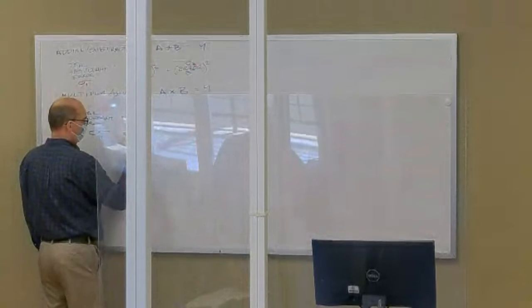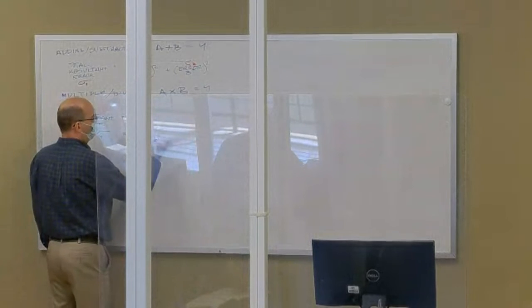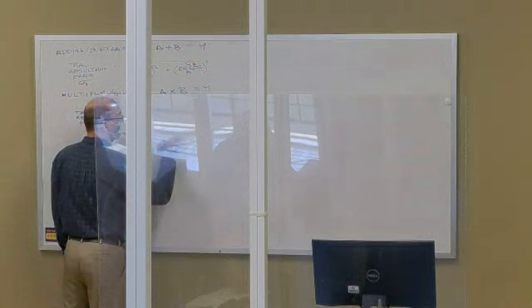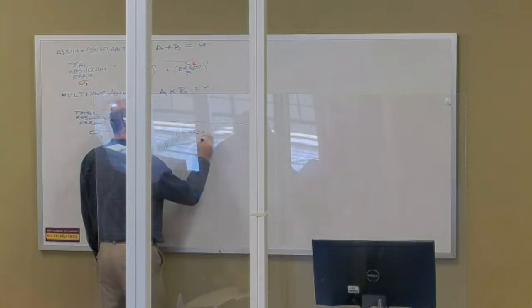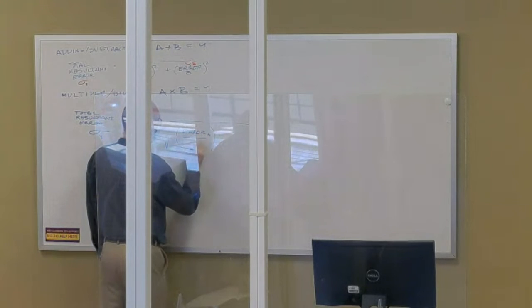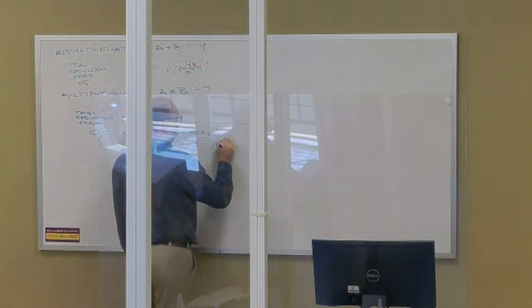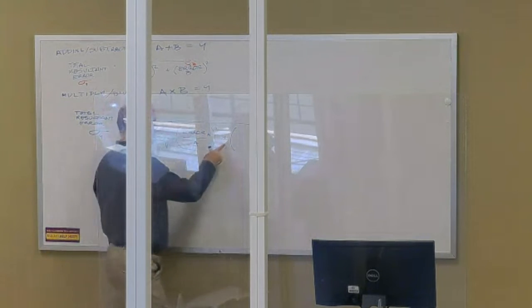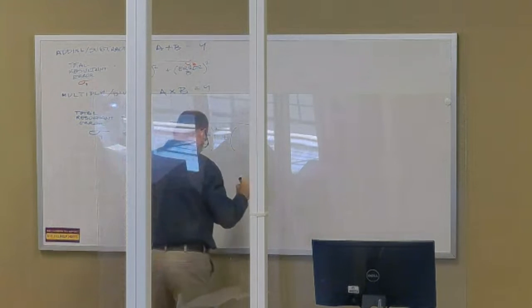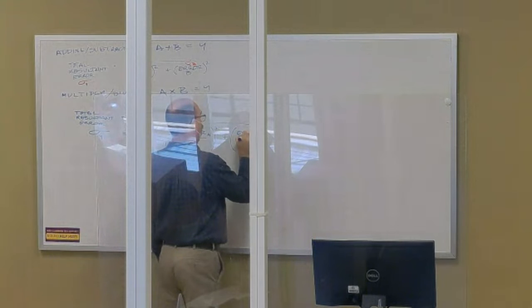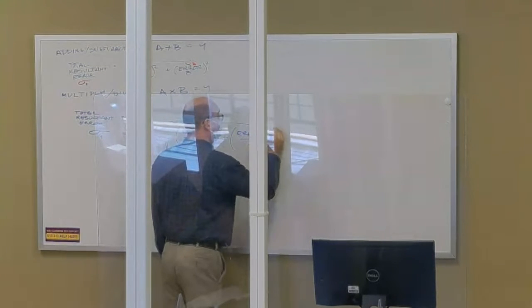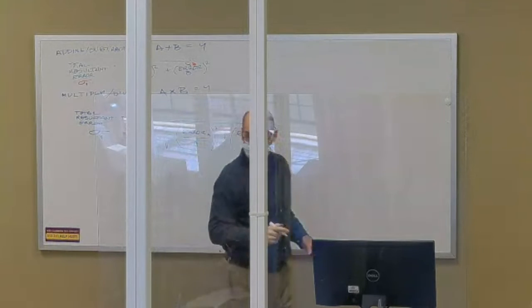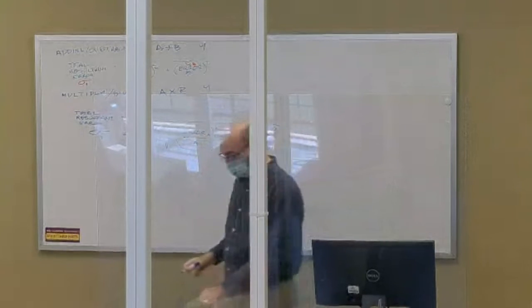So y times the square root of the error in A divided by A, squared, plus the error in B divided by B, squared. So this is a bit more work. This is a bit more work.